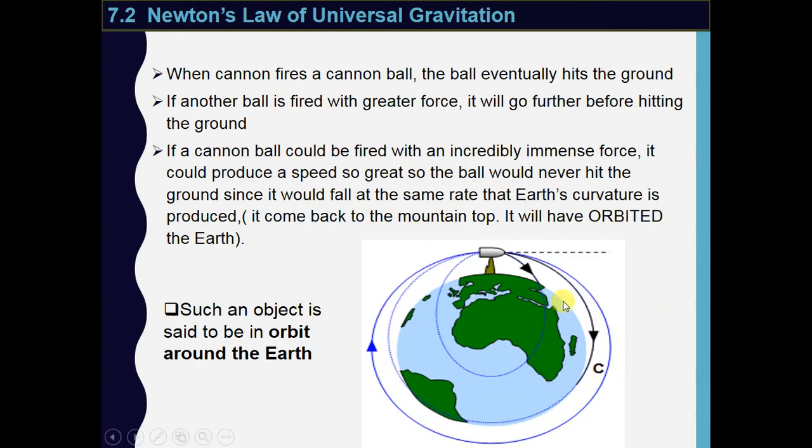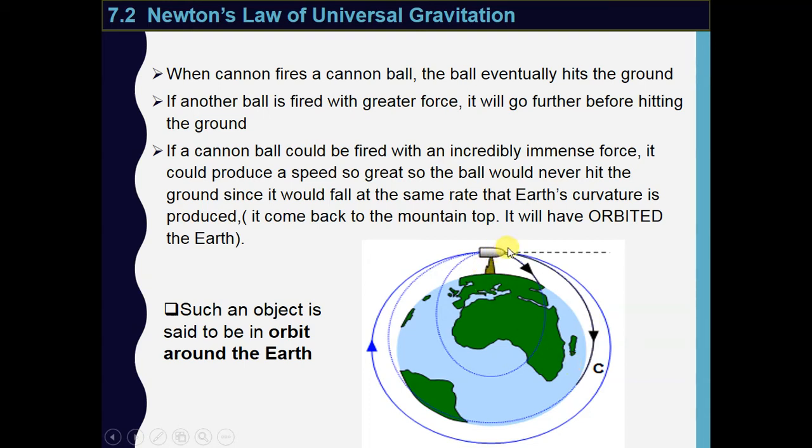I will show you another figure, it's easier. See, for example, this is the first one. With initial speed, it will go and hit the ground. If we fire it with a greater speed, it will go further, but it will hit the ground later.